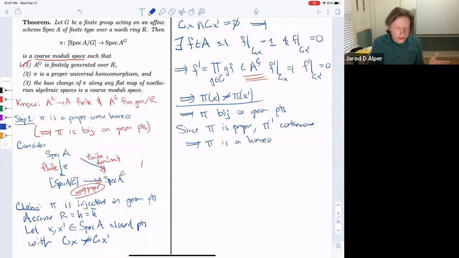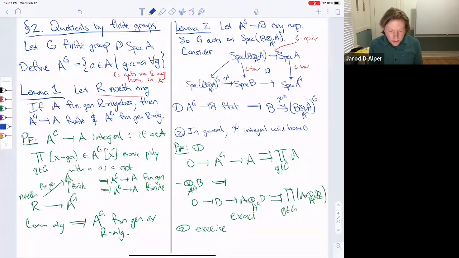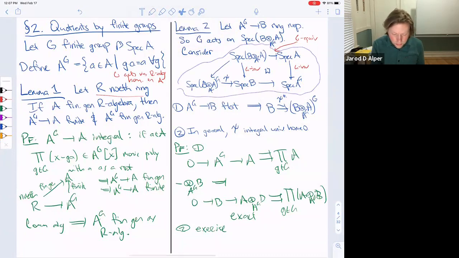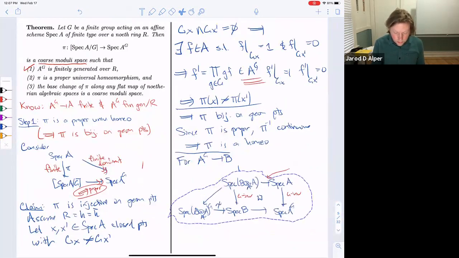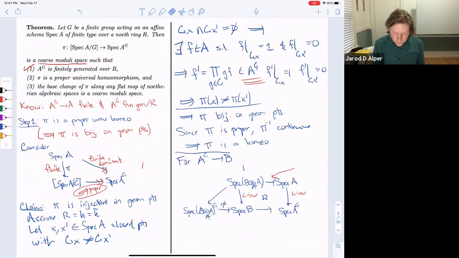But we need to show it's a universal homeomorphism. And so we now need to use these base change properties. So if you take an extension like this, let's go back to see what we had written over here. We had this nice diagram. So we're in the setup.